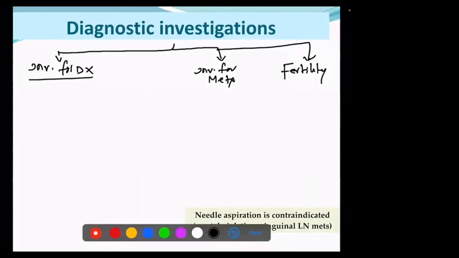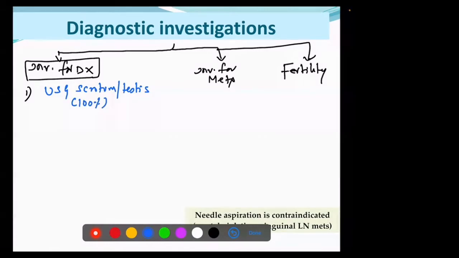So, investigations for diagnosis. The first investigation that we do in the case of a suspicious testicular tumor is ultrasonogram of the scrotum, or you can say testis, same thing. It is 100% sensitive. It can easily identify the testicular tumor.